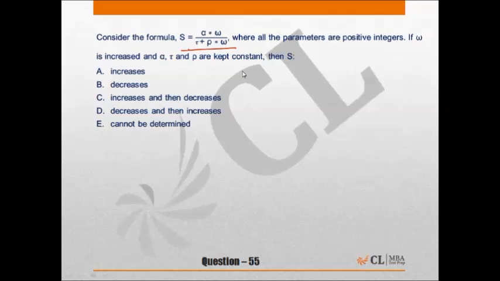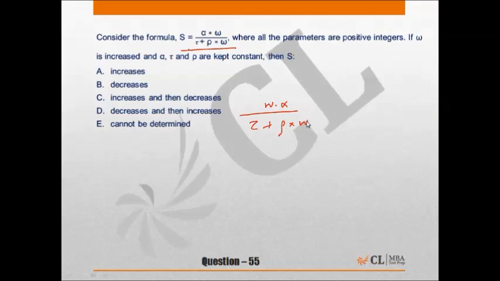If omega is increased and alpha, tau and eta are kept constant, then S. In such kind of expression, like we have in the present case, one of the parameters, that is omega, is in the numerator as well as in one of the terms of the denominator.